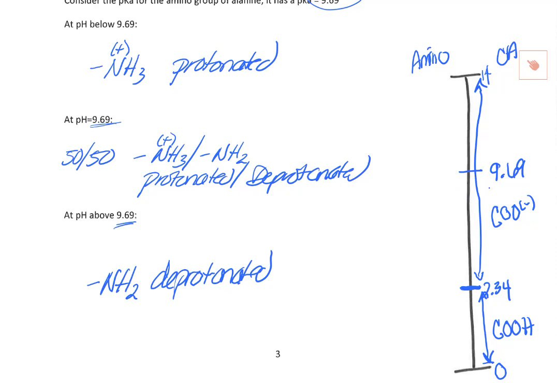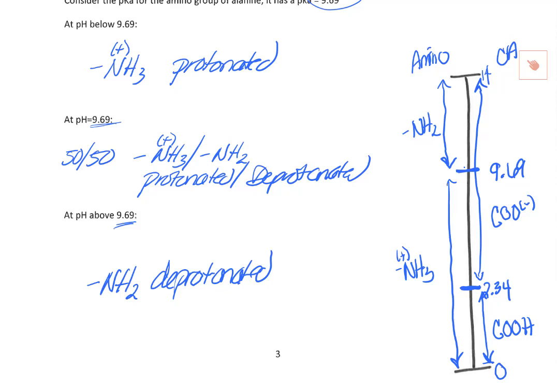So if we look at the amino group, between 9.69 and 0, your amino group will be protonated. Above 9.69, it'll be deprotonated. And right here at 9.69, half will be protonated and half will be deprotonated. And so this usually helps people figure out the answer to the next question, which is on the following page.